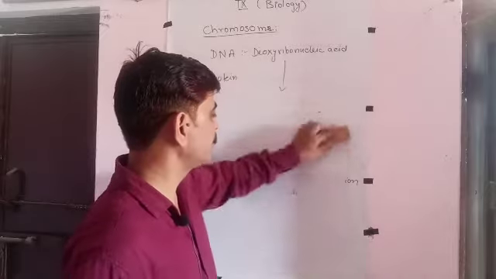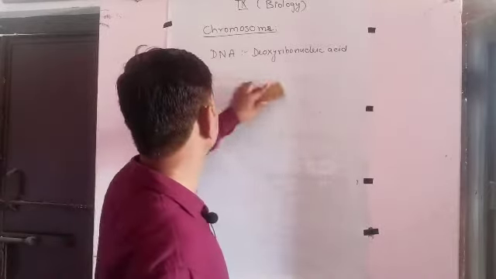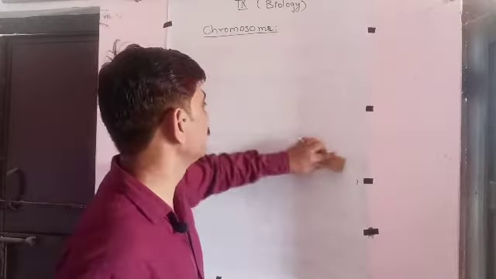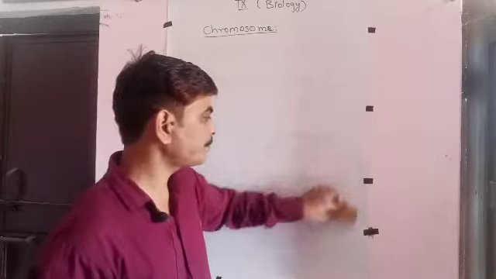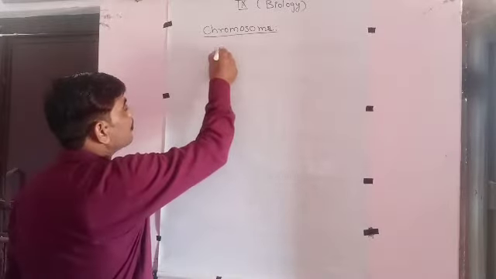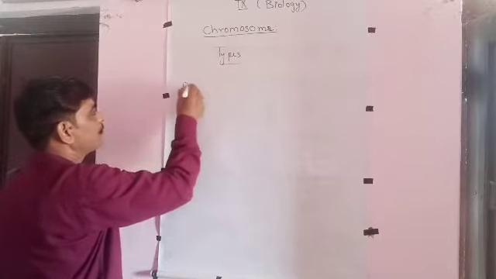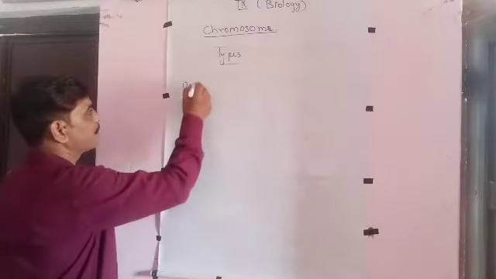Let's talk about their types on the basis of the position of the centromere. There are four types. One is the metacentric.